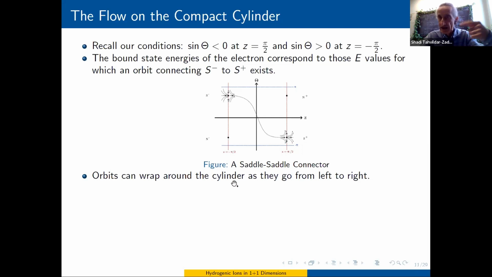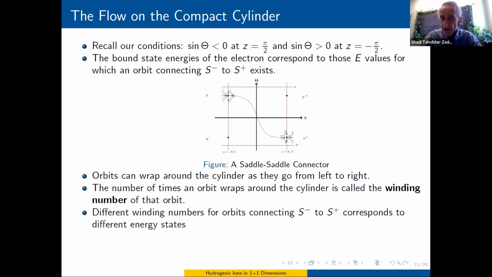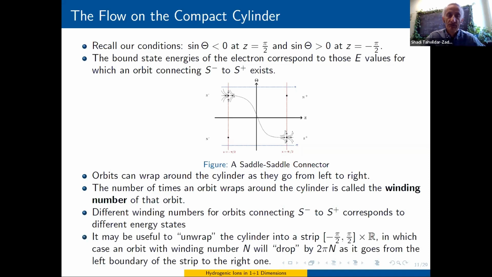So orbits can wrap around the cylinder as they go from left to right. The number of times an orbit wraps around the cylinder is called the winding number of that orbit. And different winding numbers for orbits connecting S minus to S plus are going to correspond to different energy states. So that's the integer that we get here, the winding number.